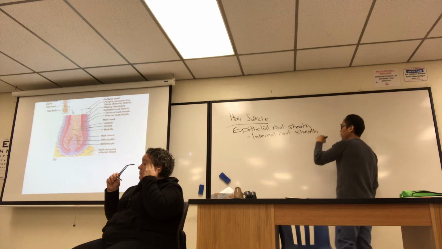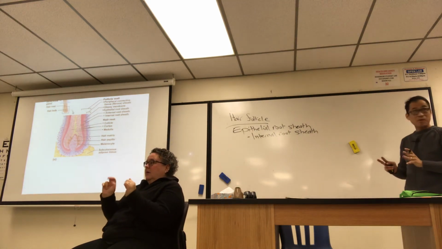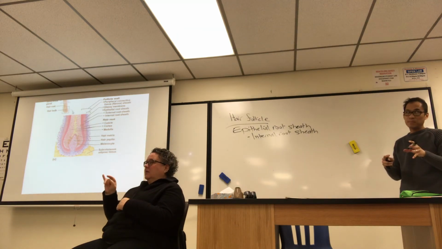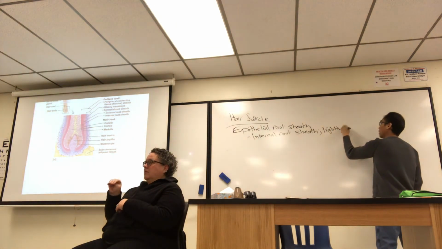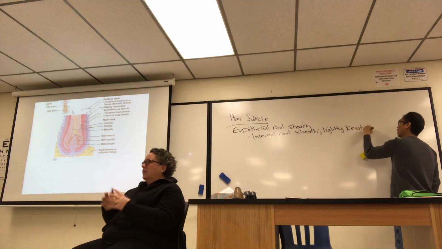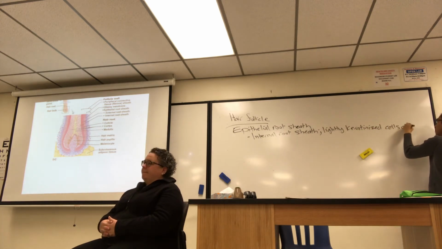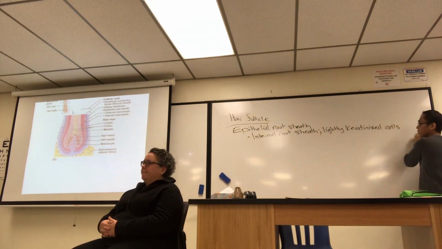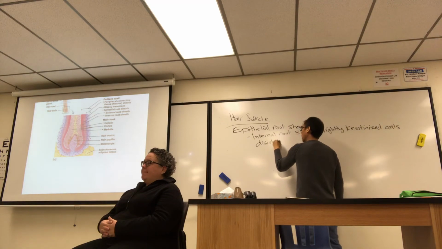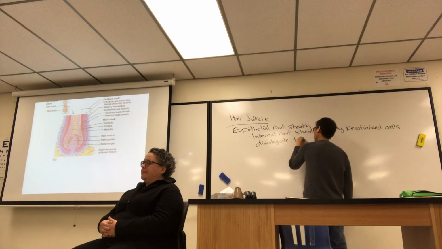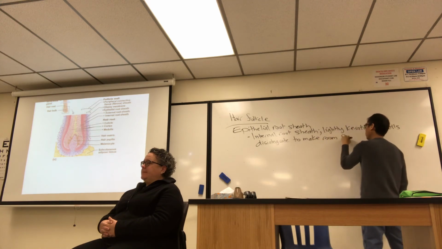The internal root sheath is lightly keratinized, and this layer even disintegrates to make room for the sebum. Okay, so lightly keratinized cells disintegrate to make room for sebum.